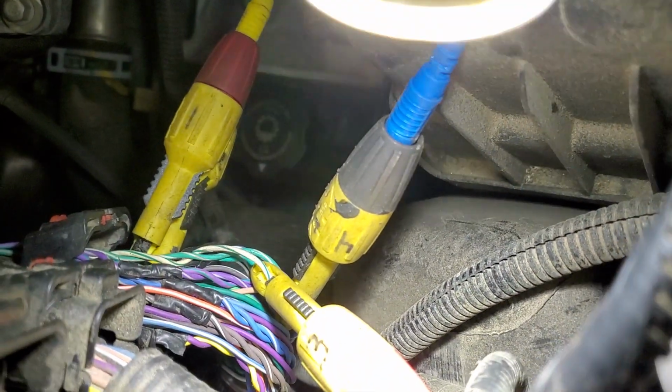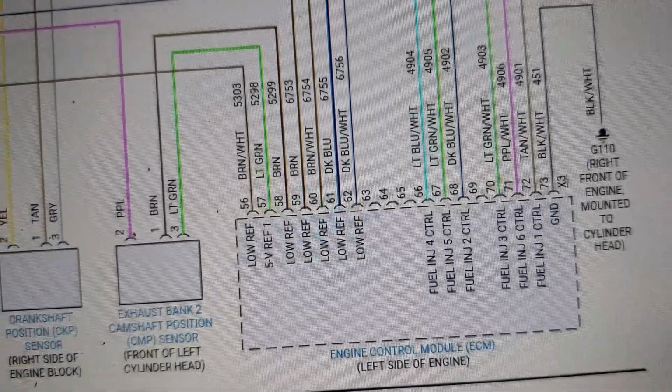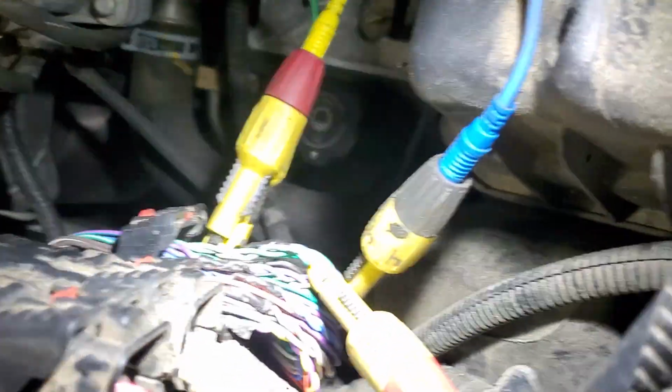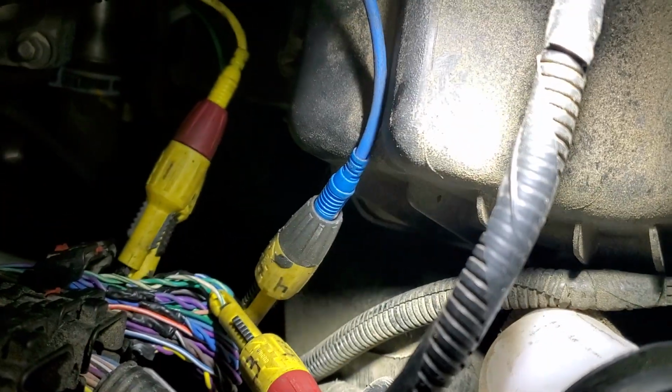Then, of course, I took a known good, injector 5. So my known good is injector 5, and that is going to be the blue trace to the control and red trace to the supply circuit.